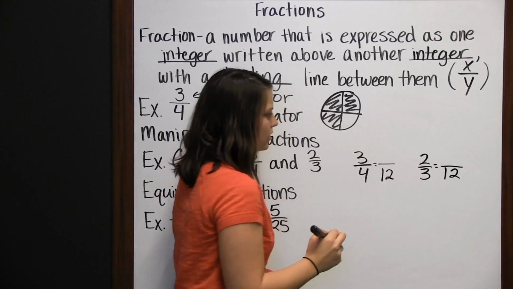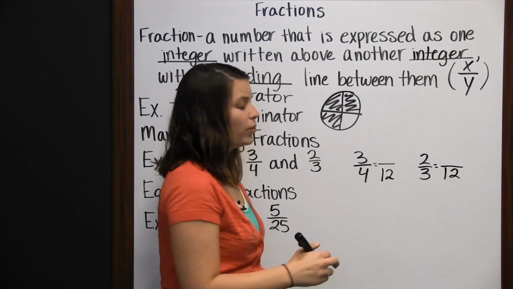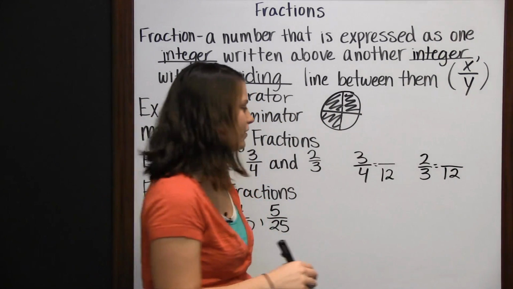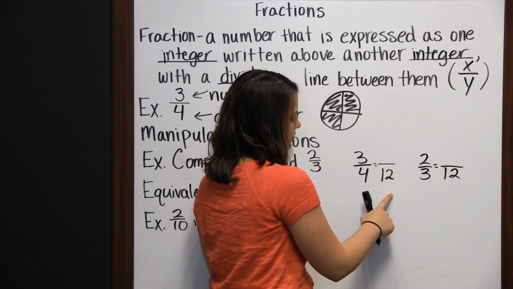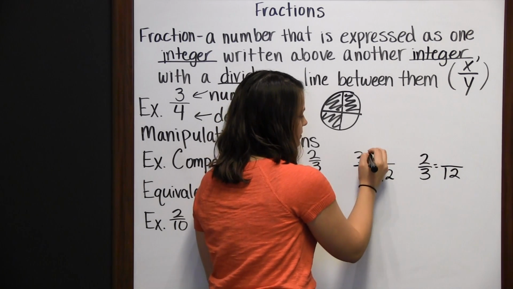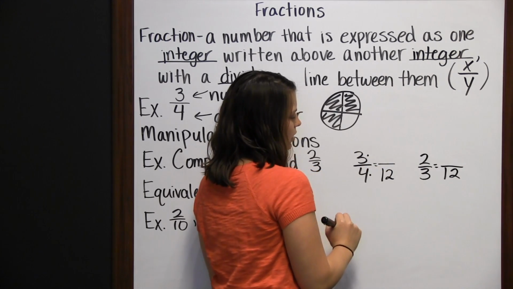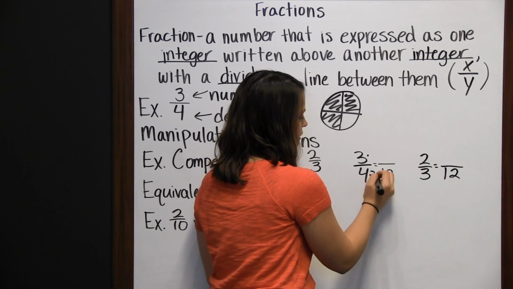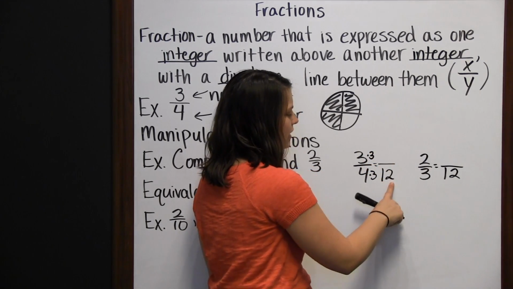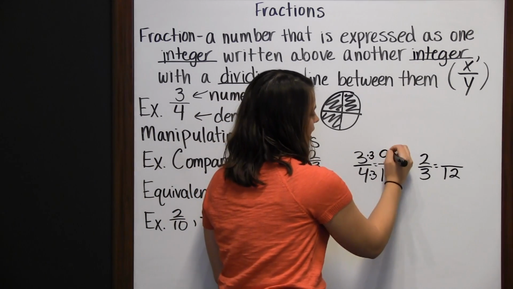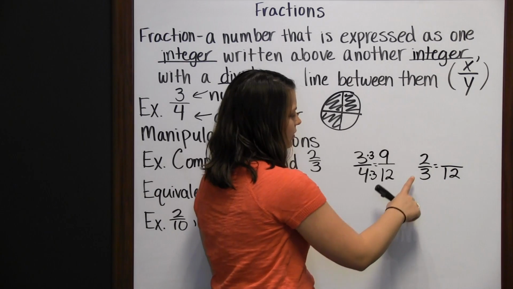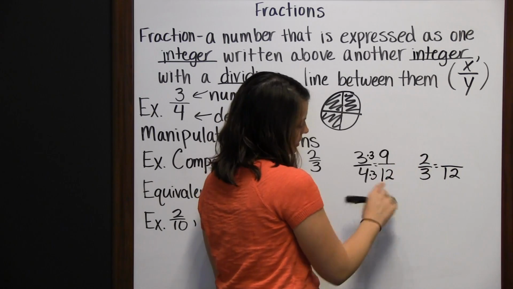Same with my other fraction. What I'm doing is creating an equivalent fraction. 3/4 is equal to something over 12. So I'm going to multiply my numerator and my denominator both by 3 to achieve that denominator of 12. So 3 times 3 is 9. And so our fraction is 9/12.